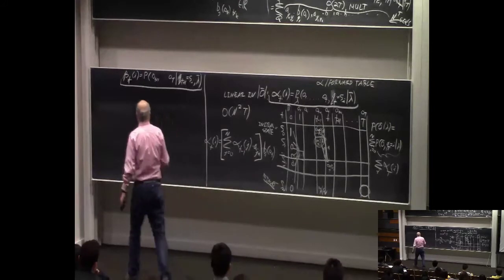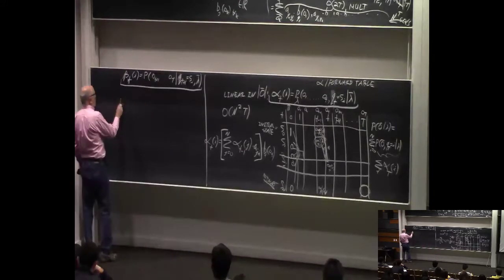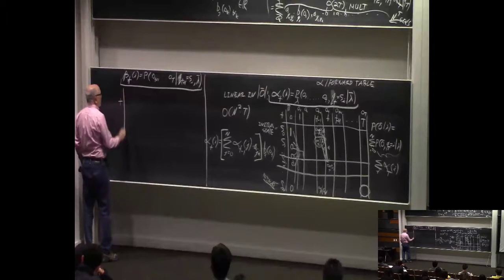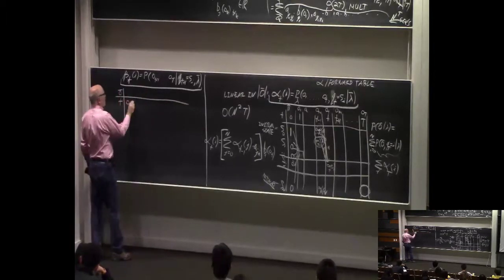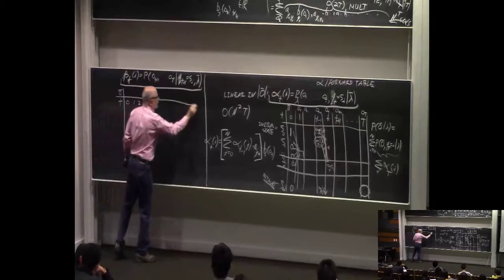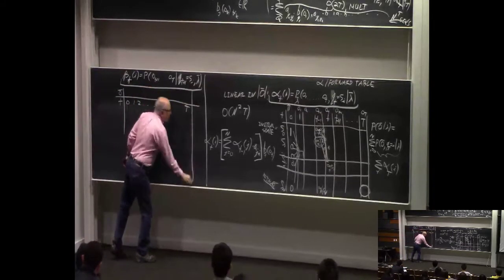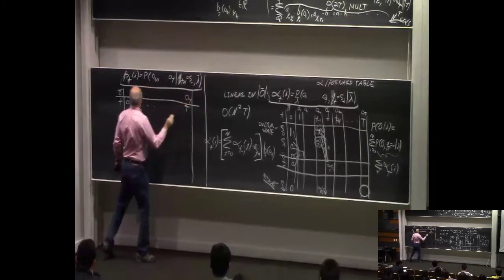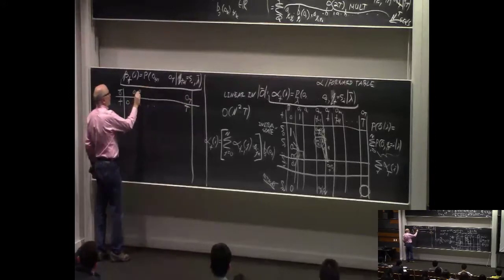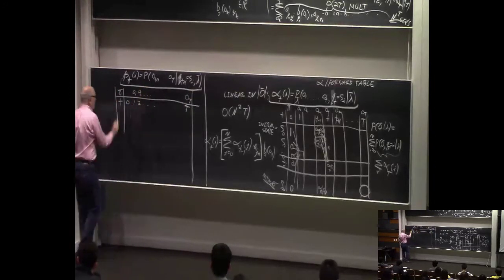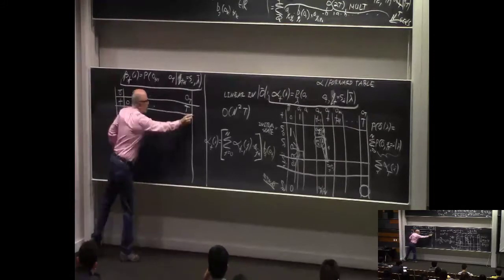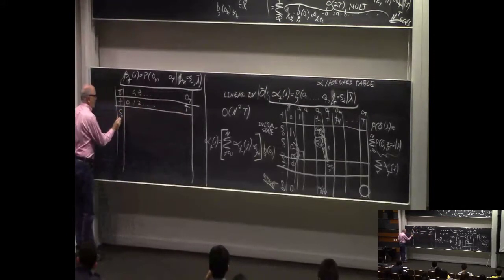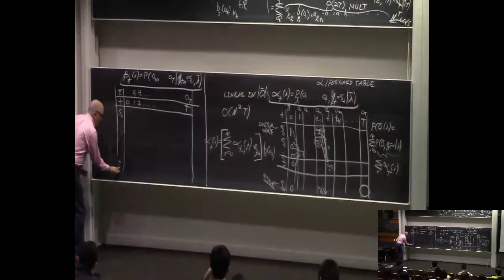I'm going to fill a beta table exactly the same way. Time t, observations O1, O2, all the way to O big T, and states S0 to Sn.